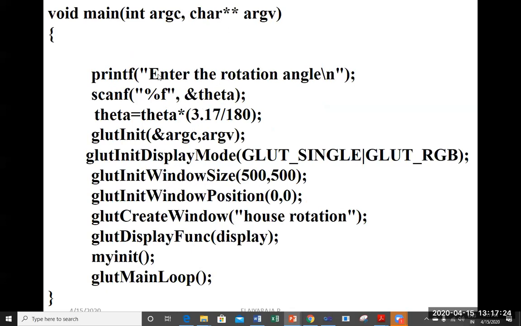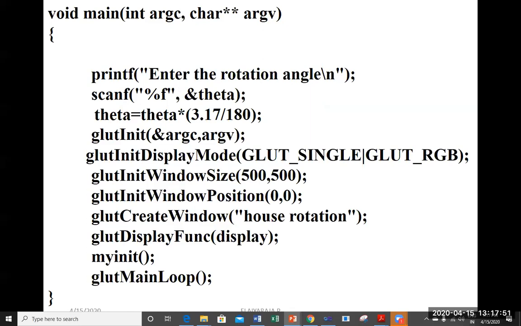Where you are going to write the main function, where you enter the rotation angle, where you are going to specify the theta value, where theta is equal to theta multiplied by 3.17 divided by 180. Why? Because you have to convert the theta value, right? You are going to write either 30 degrees or 60 degrees.